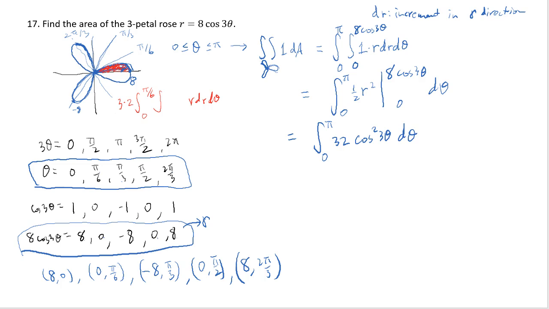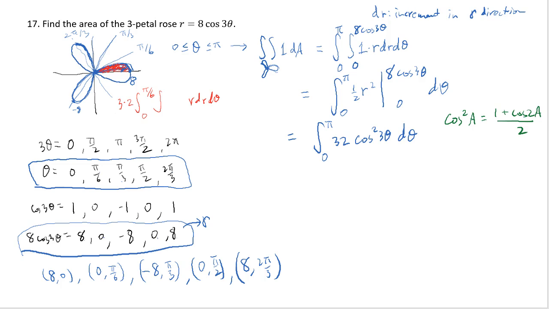So you have to integrate this from 0 to pi, 32 cosine squared of 3 theta. Now when you're integrating even powers of sine and cosine, you need to use the following formula: cosine squared of a is 1 plus cosine 2a over 2. And there's another one for sine squared: sine squared is 1 minus cosine 2a over 2.